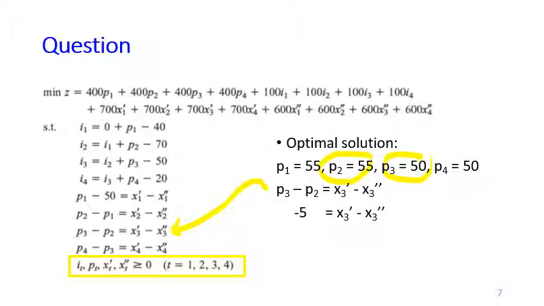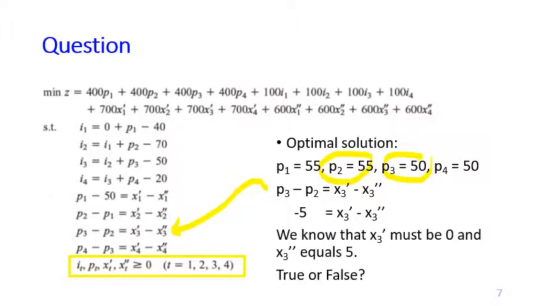Because 50 minus 55 is minus 5. So minus 5 equals x3 prime minus x3 double prime. Seeing the last equation, we know that x3 prime must be 0 and x3 double prime equals 5. Is this statement true or false?